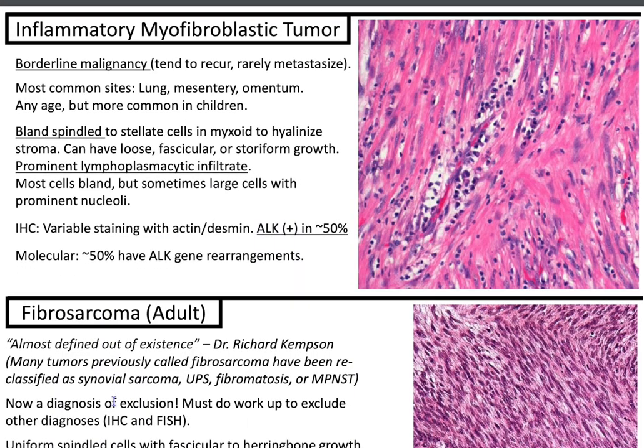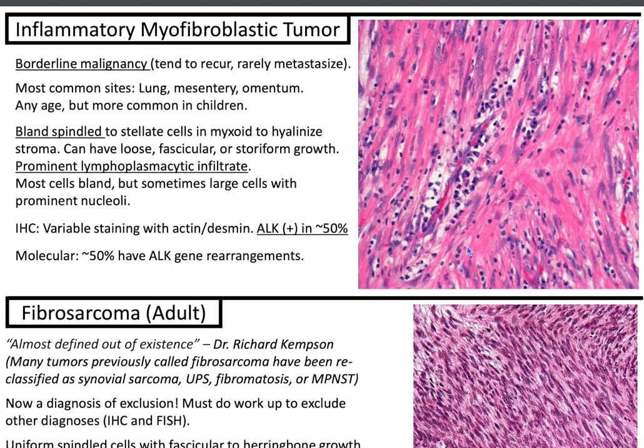Inflammatory myofibroblastic tumor. This is a borderline malignancy. The most common sites are lung, mesentery, omentum, but you can get them elsewhere too, like in the uterus. You'll have histologically bland spindled to stellate cells and myxoid to hyalinized stroma. They can have a loose fascicular or storiform growth, but you want to look out for a prominent lymphoplasmacytic infiltrate within the soft tissue.